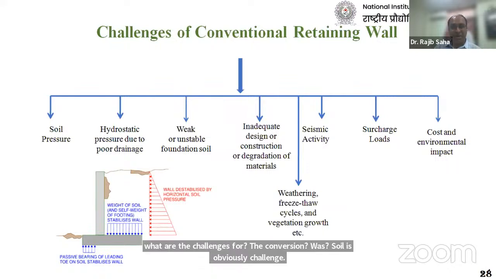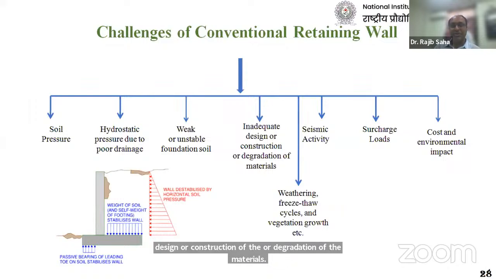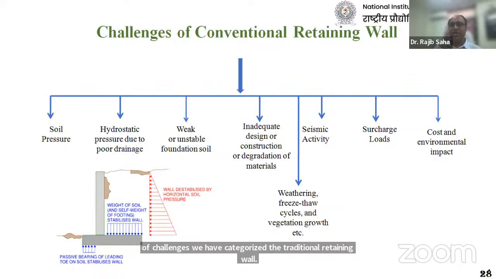Hydrostatic pressure due to poor drainage, weak or unstable foundation soil, inadequate design or construction or degradation of the materials, weathering, freeze-thaw cycles and vegetation growth, seismic activity, surcharge loads, and so on. A number of challenges. We have categorized the traditional retaining walls, which need to be addressed by these new innovative retaining walls.